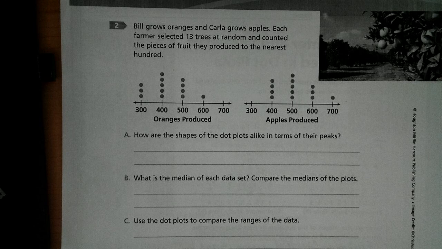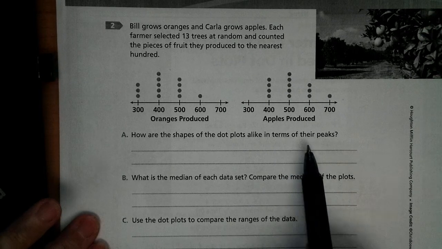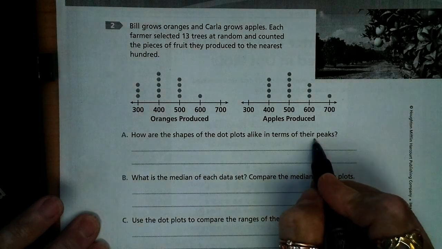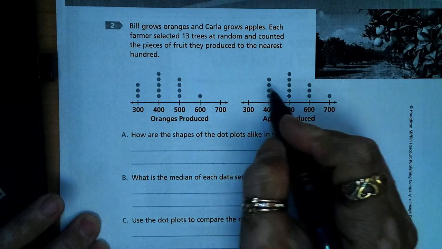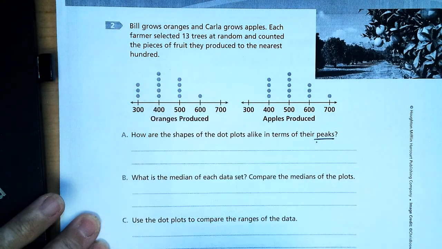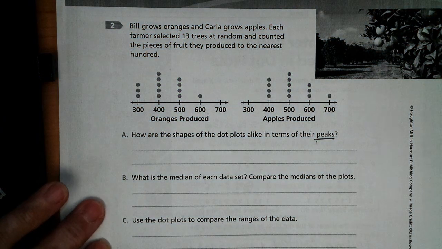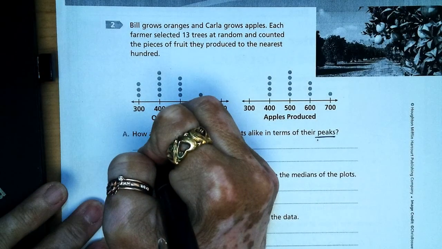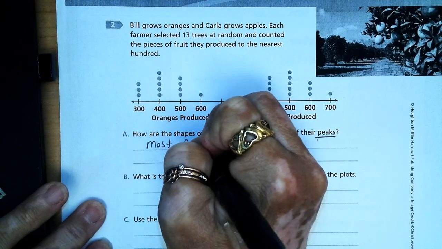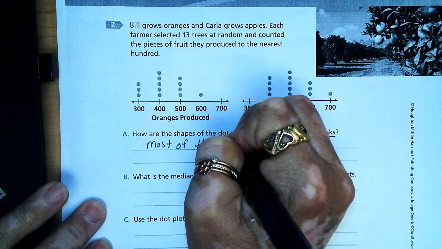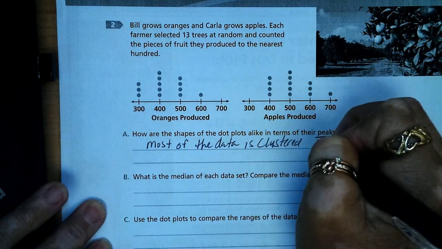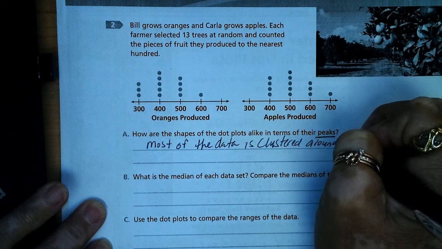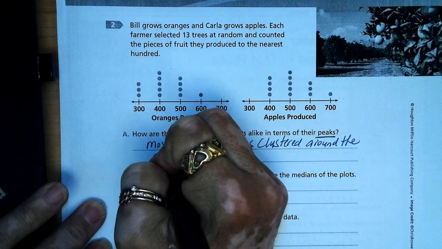So it says, how are the shapes of the dot plots alike in terms of their peaks? Well, if you can see, this one has a peak around 500 and this one has a peak around 400. Most of the data is clustered around the peaks.